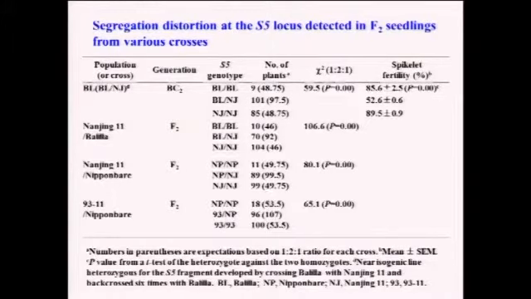And then that is the background of near-isogenic lines. If we make a cross just between the varieties, Nanjing 11 and Balila, we also see significant deviation from the 1 to 2 to 1 expectation, and other crosses also show the same.